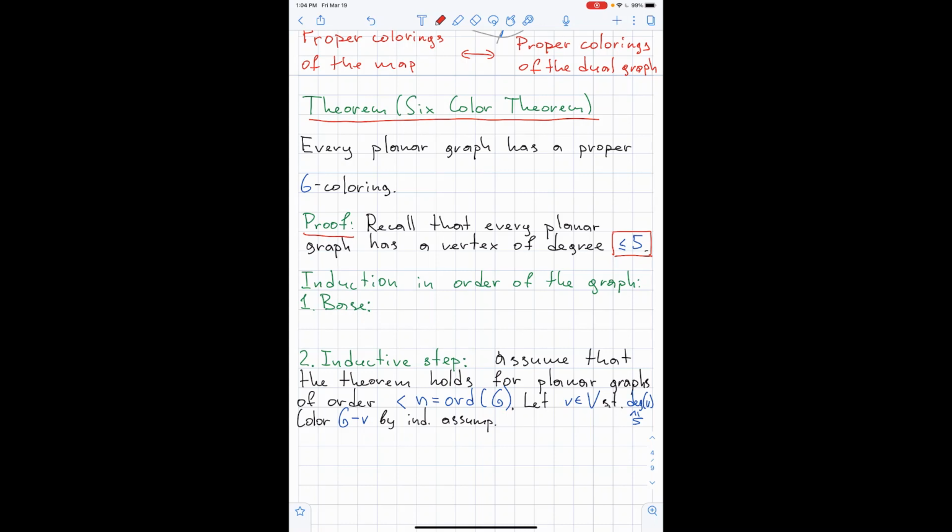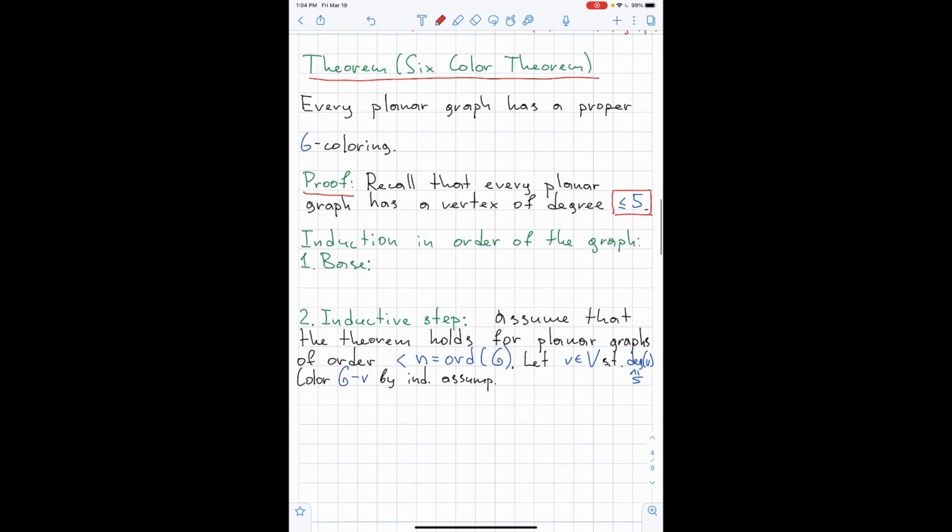Now, what we're going to do, we're going to do induction in the order of the graph. And the base of the induction is very simple.